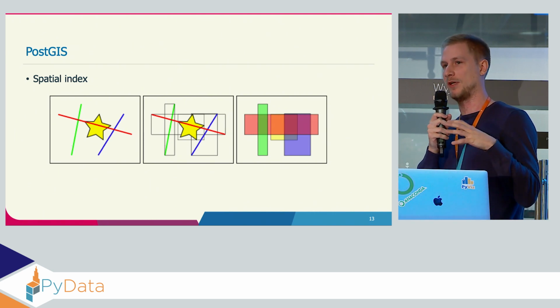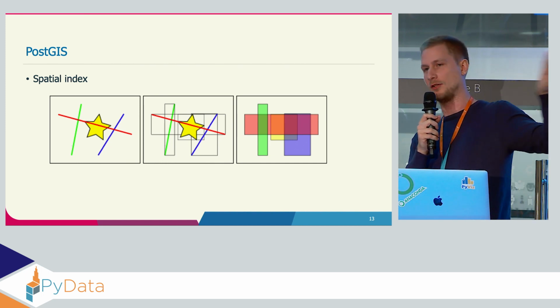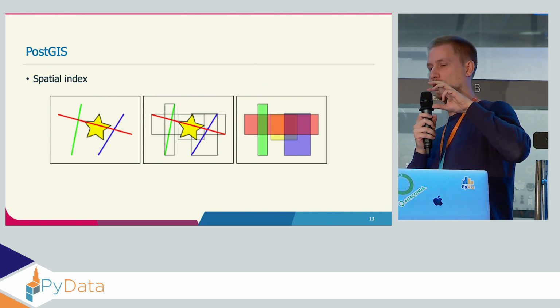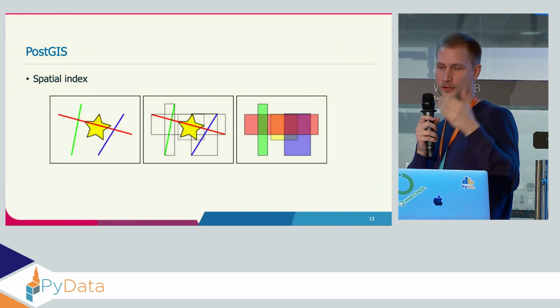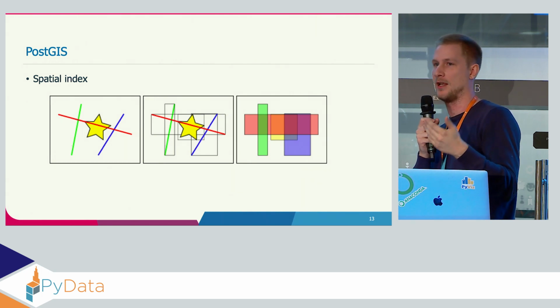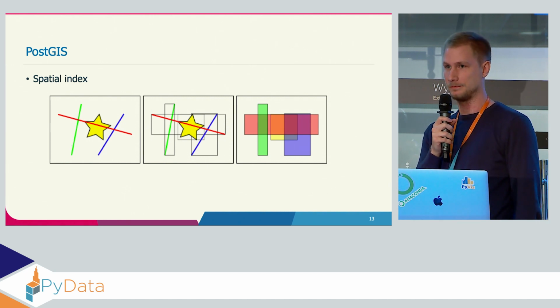So this is useful just as a filter for what you already know is not going to happen. Once the bounding boxes say that two things could potentially intersect, you still have to do the complete calculation. But you already gained a lot of time by not caring about the things that you know from the beginning are not going to intersect each other. Okay, thank you.